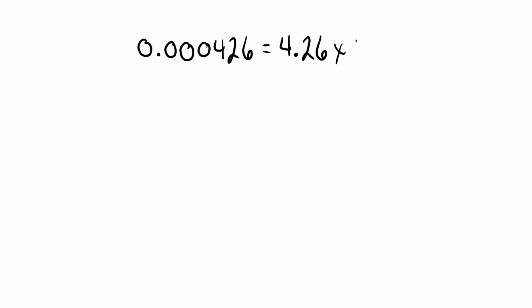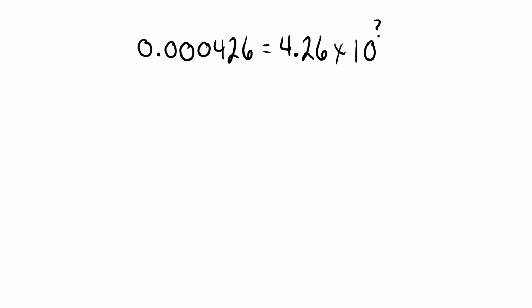So what if we have a number like 0.000426? Well, the scientific notation says we're going to start off with the 4, then put the decimal in, then the 26, and we're going to multiply that by 10 to some exponent. So the question now is, what do we divide 4.26 by in order to get 0.000426?